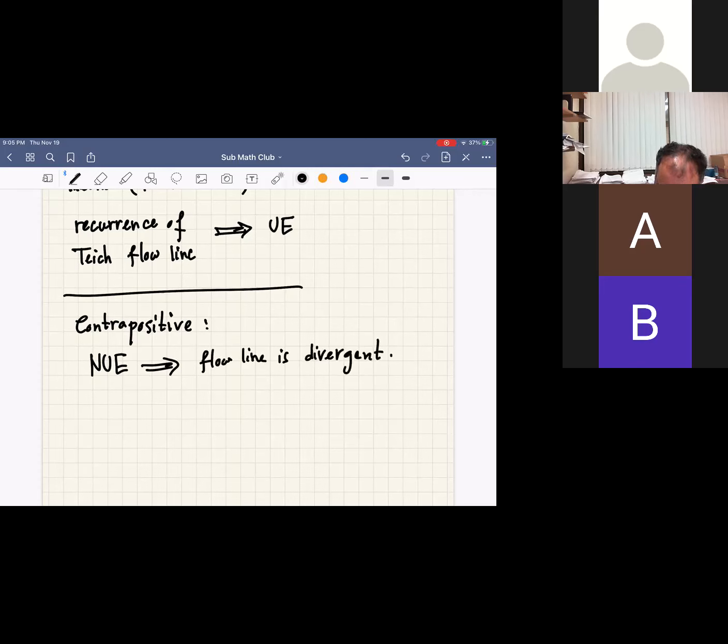By divergent we just mean that it's not recurrent, which means that the injectivity radius along this ray goes to 0 as t goes to infinity.